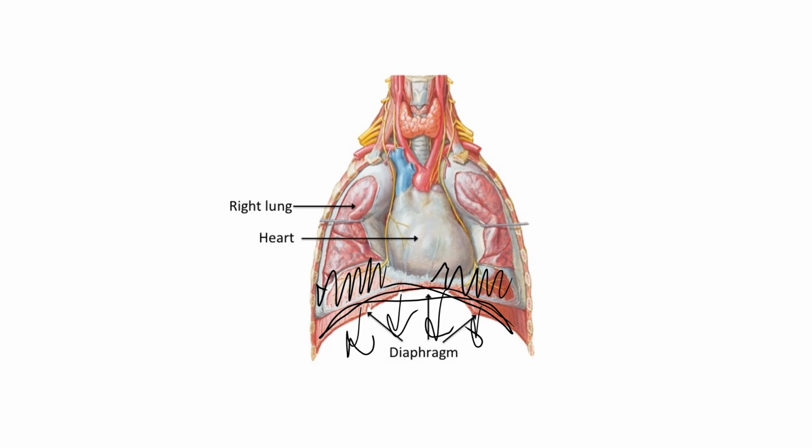Because the chest wall moving up and out due to the external intercostal muscles and the diaphragm flattening result in ultimately the same thing, just in different directions. The chest wall moving up and out pulls the parietal pleura up and out, and the diaphragm flattening out pulls the parietal pleura downward.